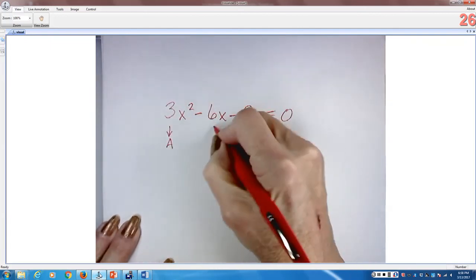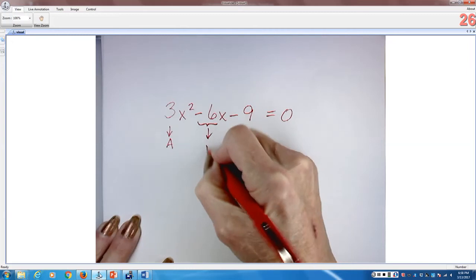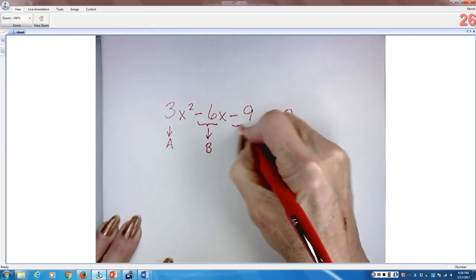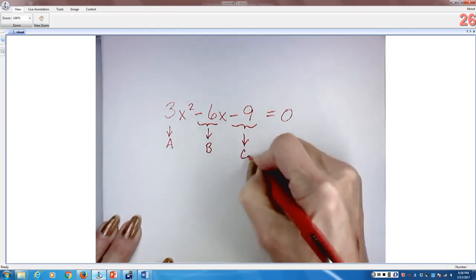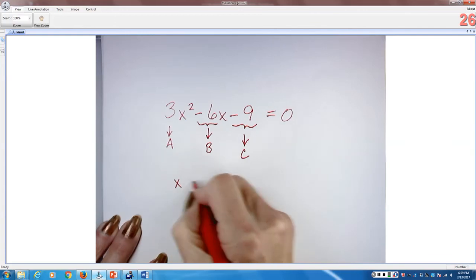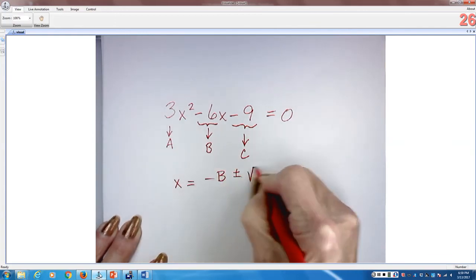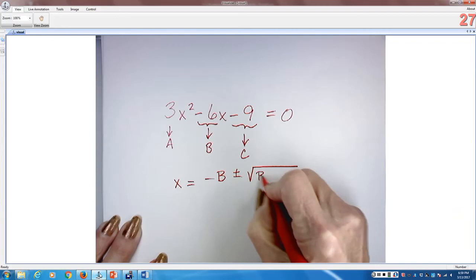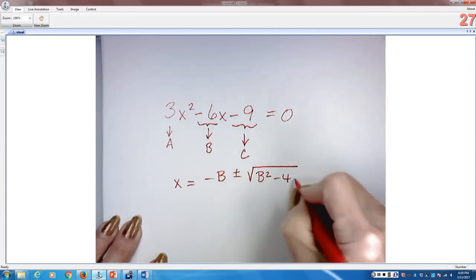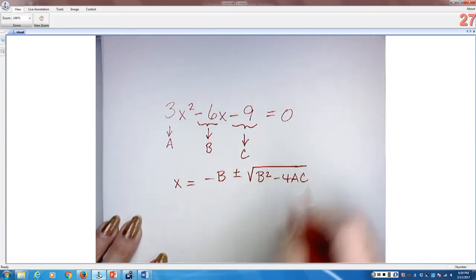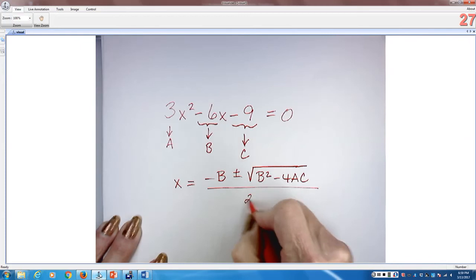A is 3, B is negative 6, C is negative 9. x equals minus b plus or minus the square root of b squared minus 4ac over 2a.